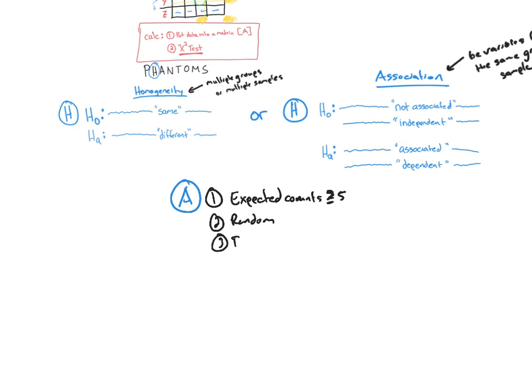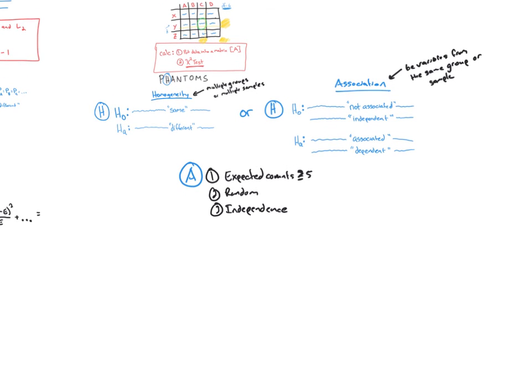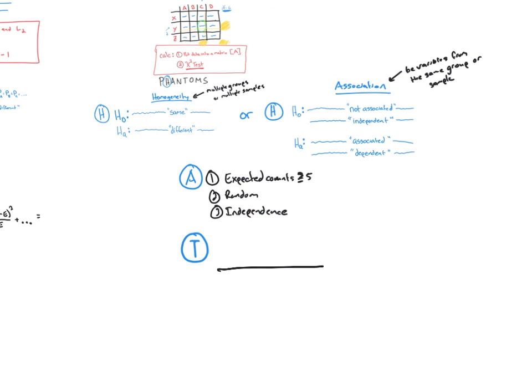Did they check independent? Right, assumption checks. That's exactly the same as it was for the goodness of fit test. So if you don't want to write it again and you just want to point at your goodness of fit test, that's exactly what it looks like, right? What about the T? Looks just like the goodness of fit test.